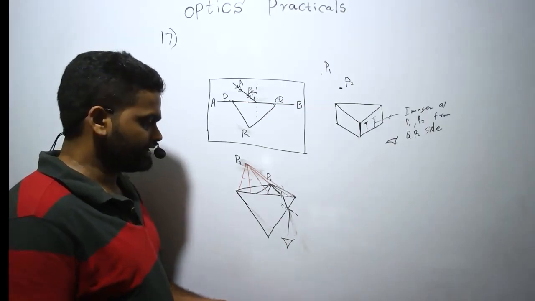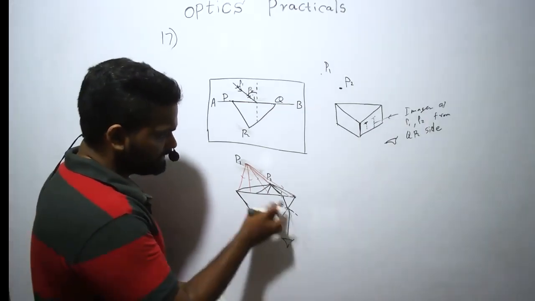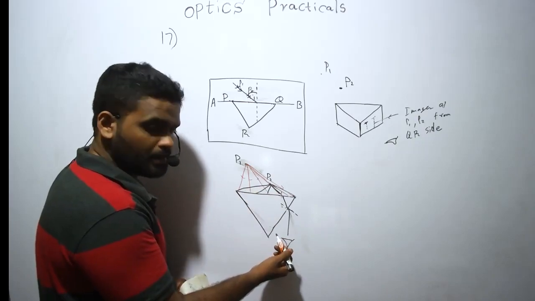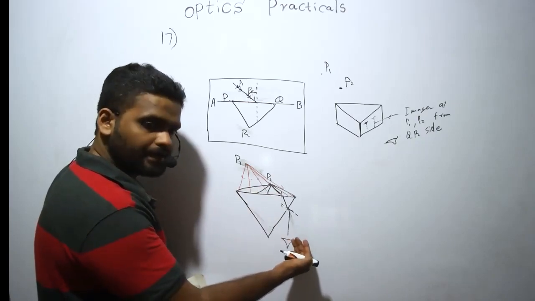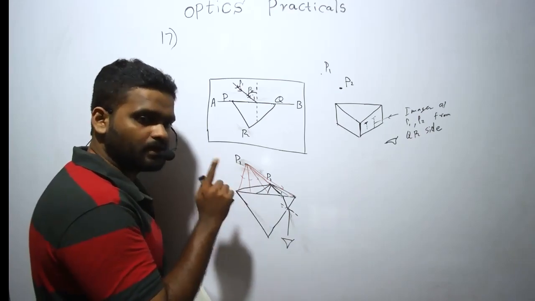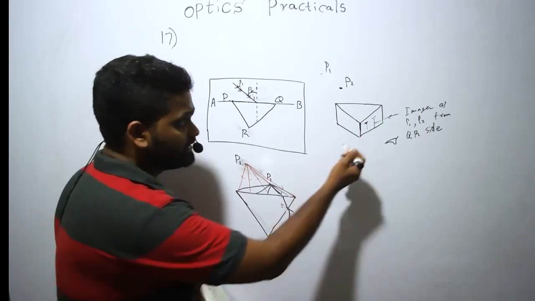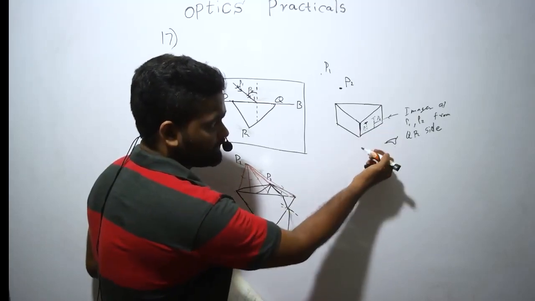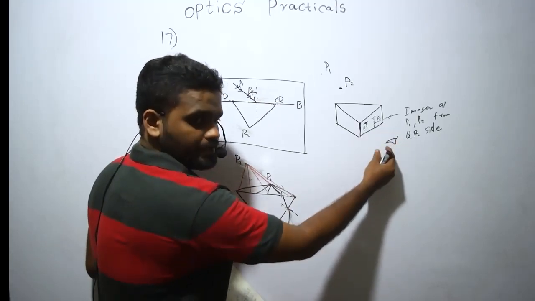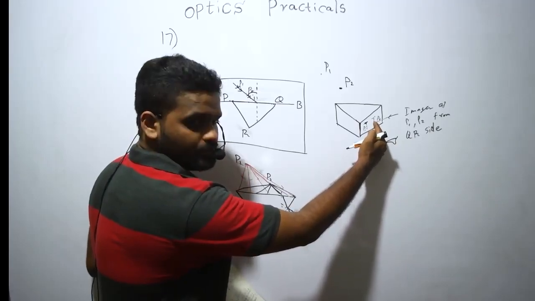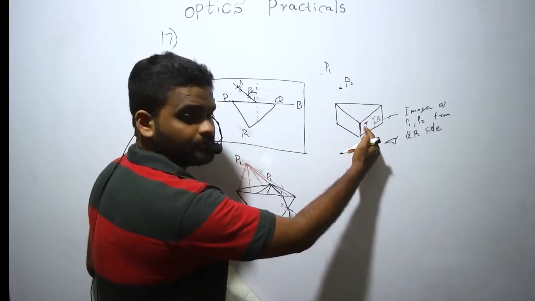So what do we need here? There are many light rays coming from this side, right? But you have to move your eye, so you will not see the P1. Let's say this is the image of P1, this is the image of P2. As you are moving your eye, the image of P2 will cover the image of P1.